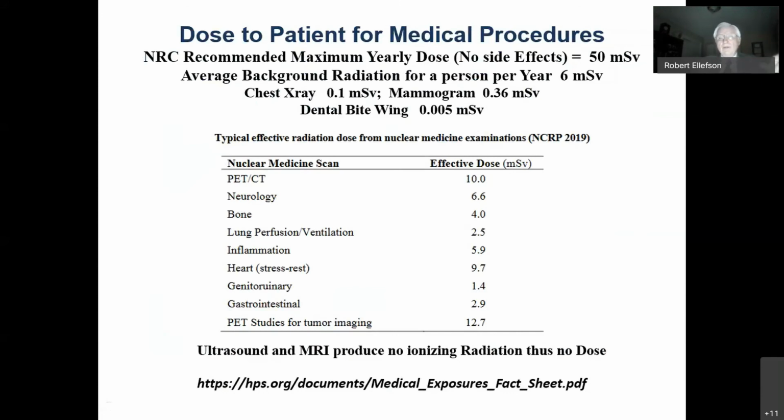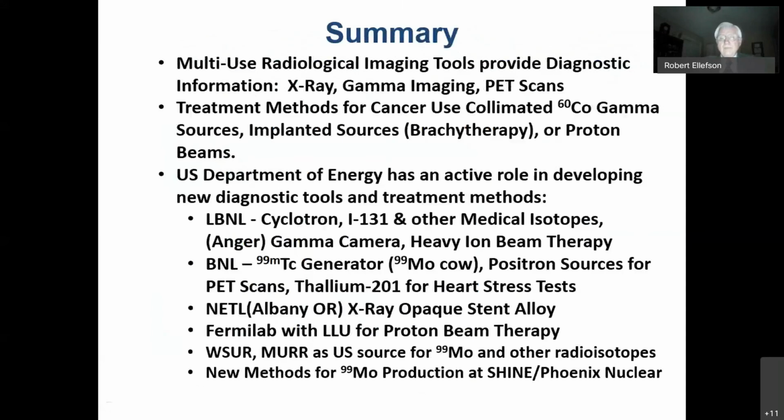And so you don't want to have many of those in a year, certainly, and probably not too many in your lifetime. So that's the downside of these radioisotope detection methods.